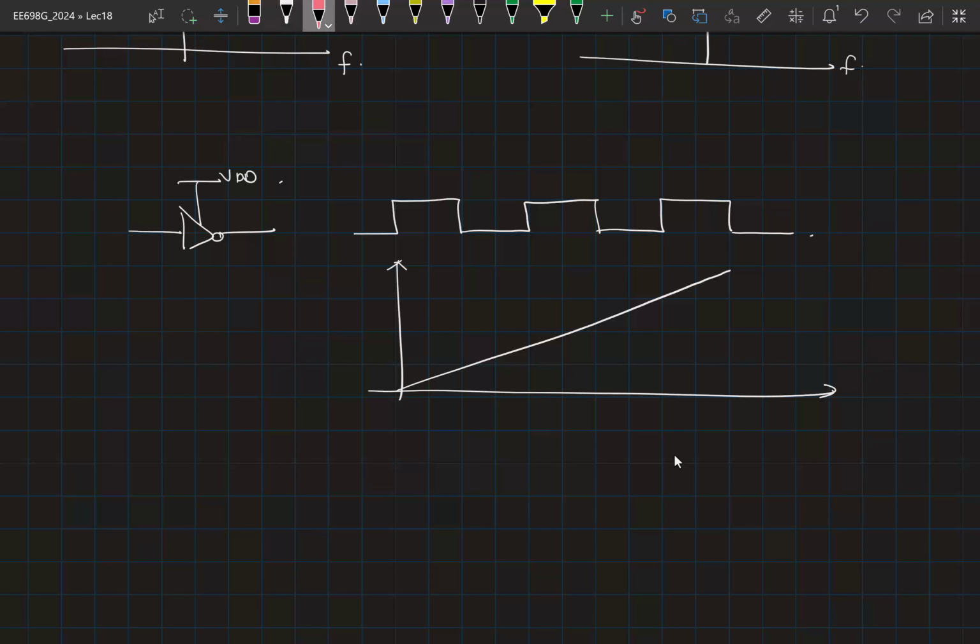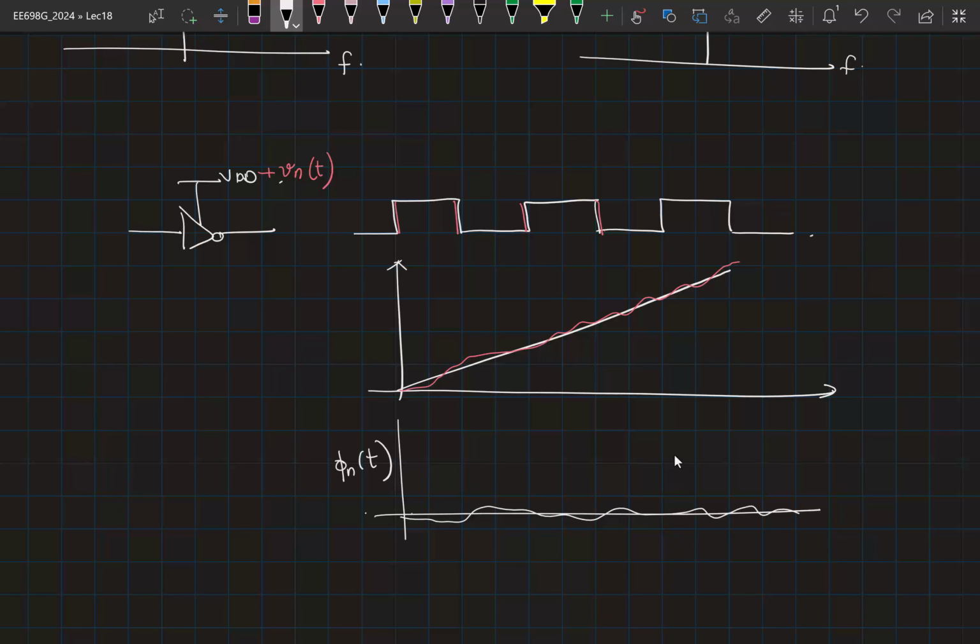On this bias point, there is some small signal noise riding on the VDD, because of which these edges are going to shift left, right, etc. And that corresponds to having some small signal noise on this. Now I can look at the small signal noise alone. So that will be something like this. So this is my phi n of t.